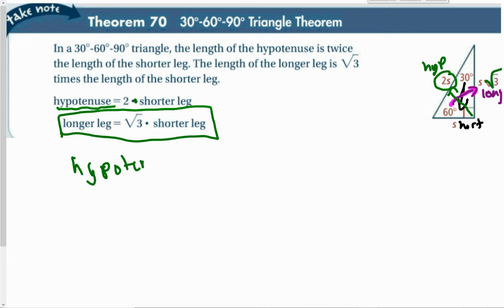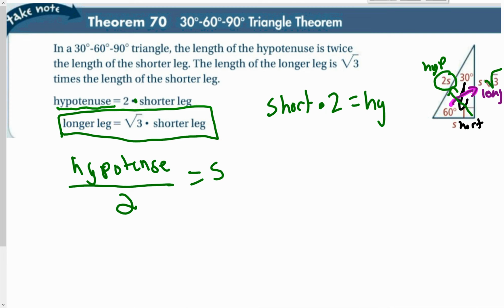All I have to do is take that hypotenuse and divide it by 2, and I get my short leg. Or if I know my short leg, if I times that by 2, I will get the hypotenuse. So that's why if I take the hypotenuse and divide it by 2, I get the short leg.